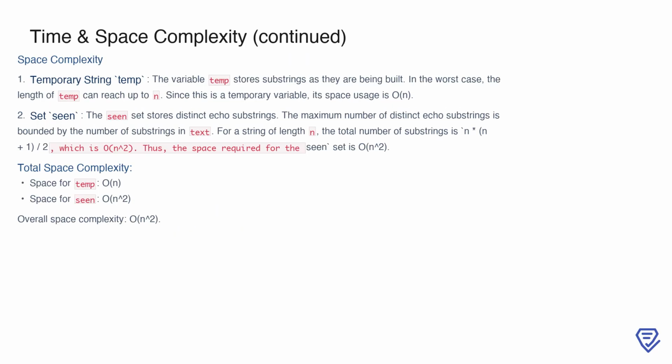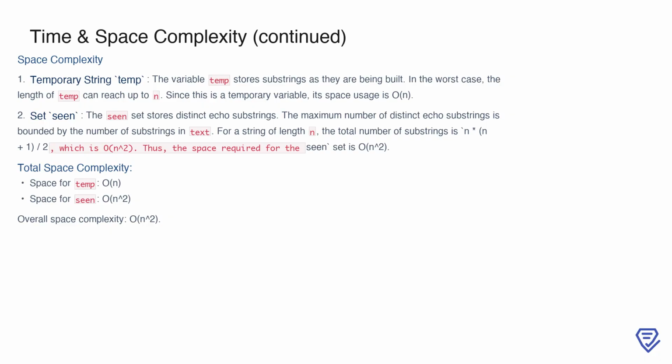Now let's consider the space complexity of the solution. The main contributors to space usage are the temporary string temp and the seen set. The variable temp is used to build substrings dynamically within the inner loop. In the worst case, its size can grow to the length of the input string n, so the space required for temp is O(n). On the other hand, the seen set is used to store distinct echo substrings.